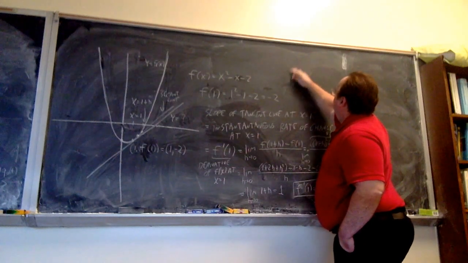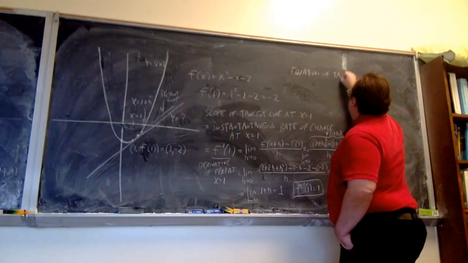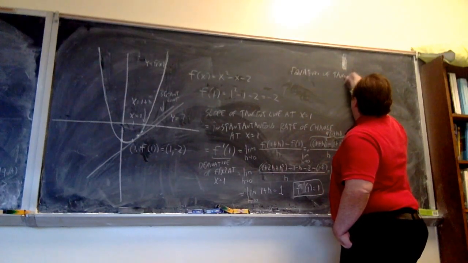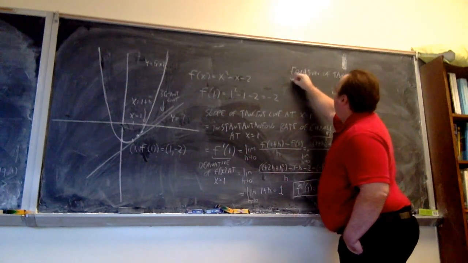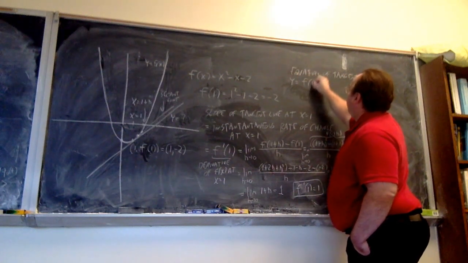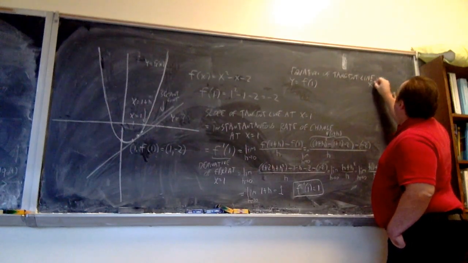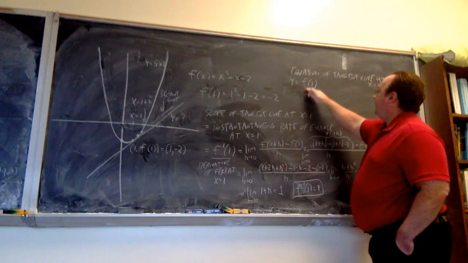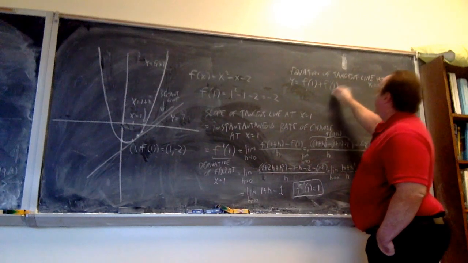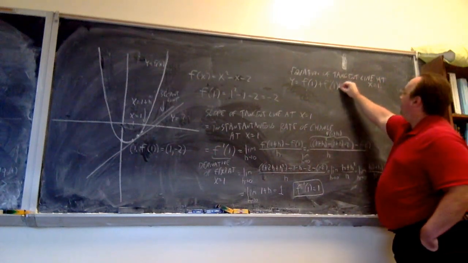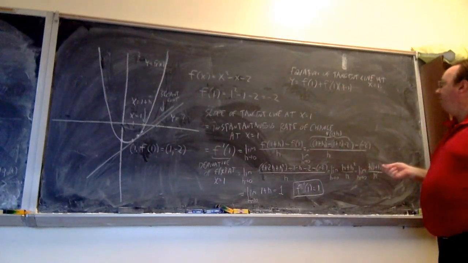So to obtain the equation of a tangent line, I have y equals the value of my function at my point, at x equals 1, so I have the value of the function at my x value, 1, plus the value of the derivative, the slope of the tangent line at x equals 1, times x minus 1. So this comes from the point-slope form for the equation of a line.